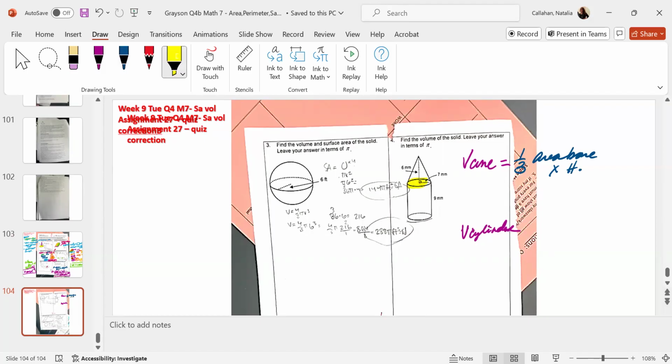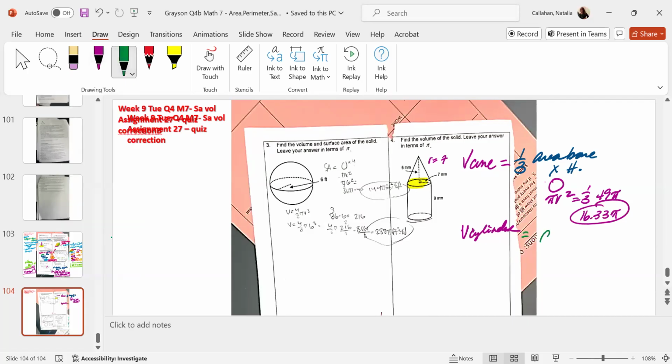What shape is the base? Circle. Pi r squared, correct? What's your radius? 7. So 49 pi, correct? And it's 1/3 of that. So 49 divided by 3. So figure that out.